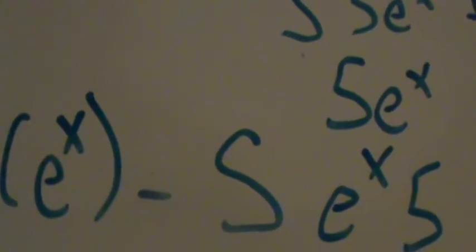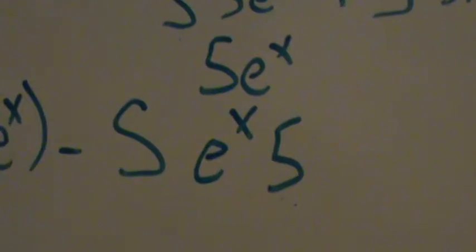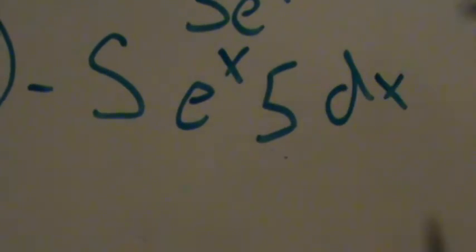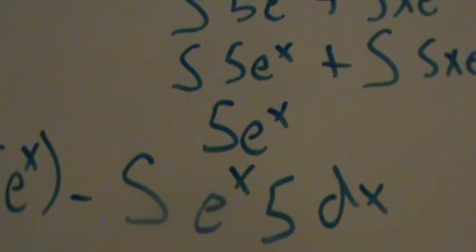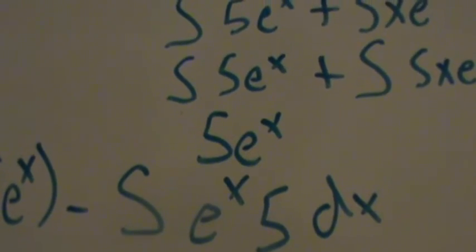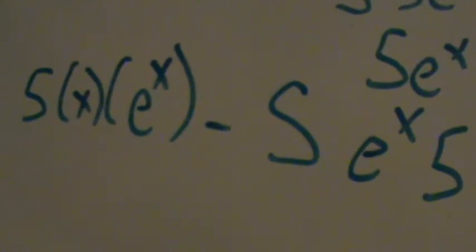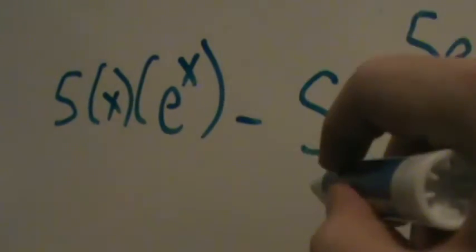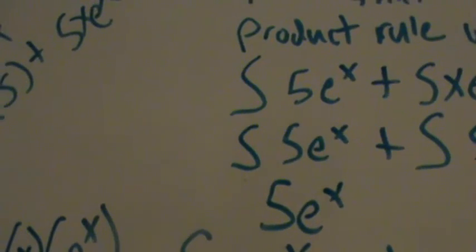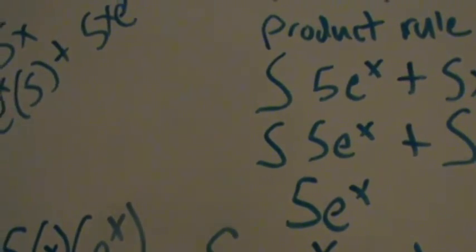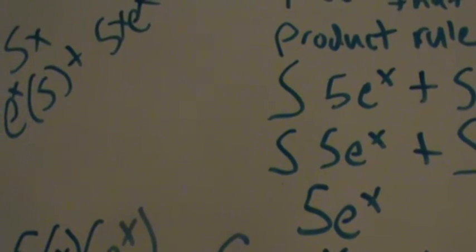So, okay, we have to integrate that now, and we already integrated this, and we know that this will basically be equivalent to 5e to the x, negative 5e to the x. So when you write this, oh yeah, I see where this is going. That actually is interesting.